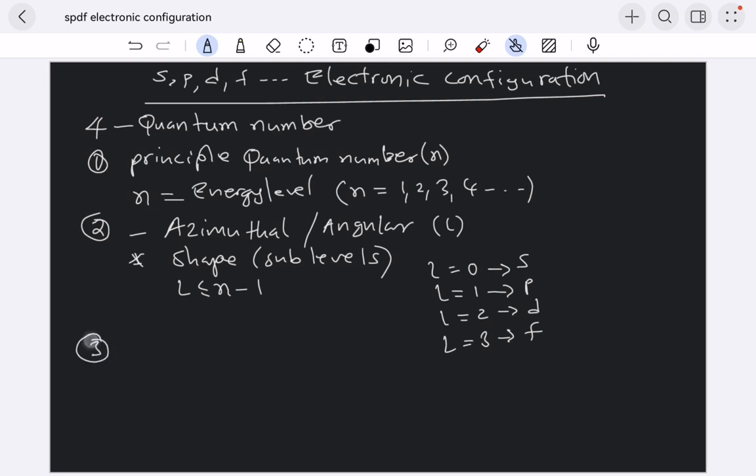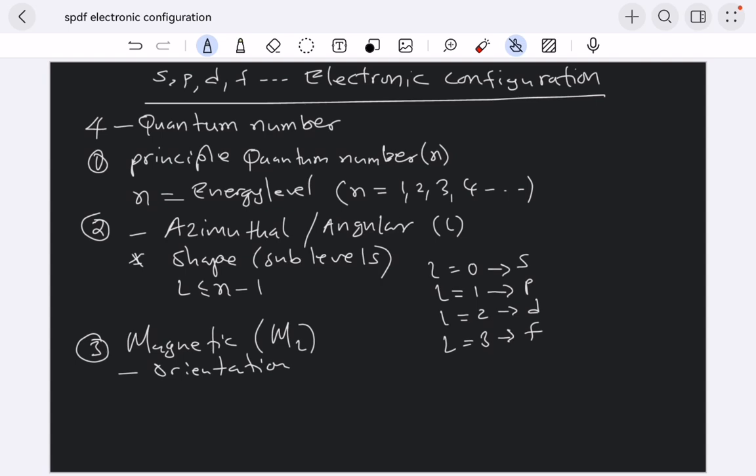Then the third quantum number is known as the magnetic quantum number, which is denoted by M sub L. This focuses on the orientation of those atomic orbitals in space.